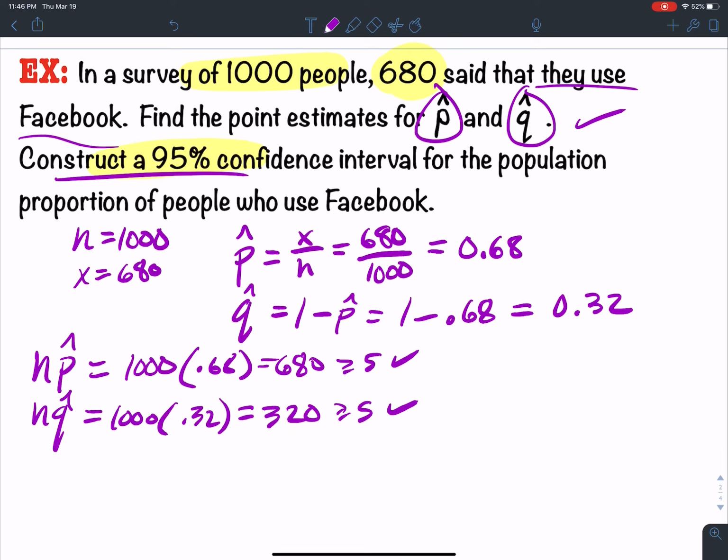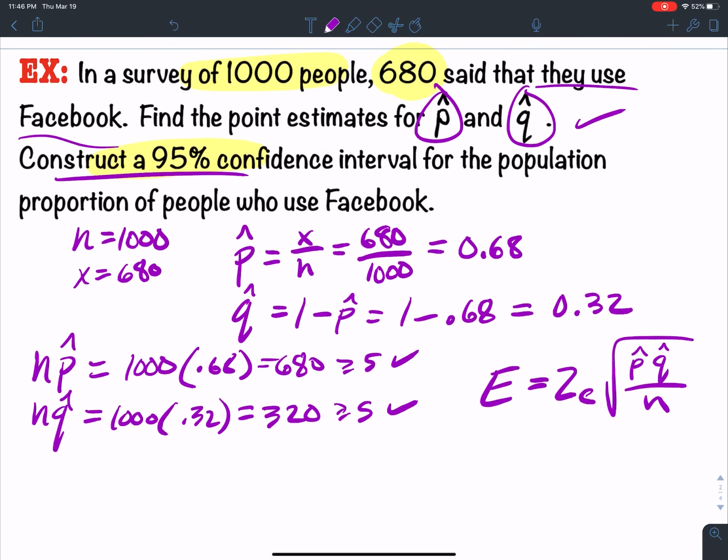The Ferrari says that my error, the margin of error, is ZC times the square root of what? Square root of P hat Q hat over N. Okay, so I need to calculate these values.